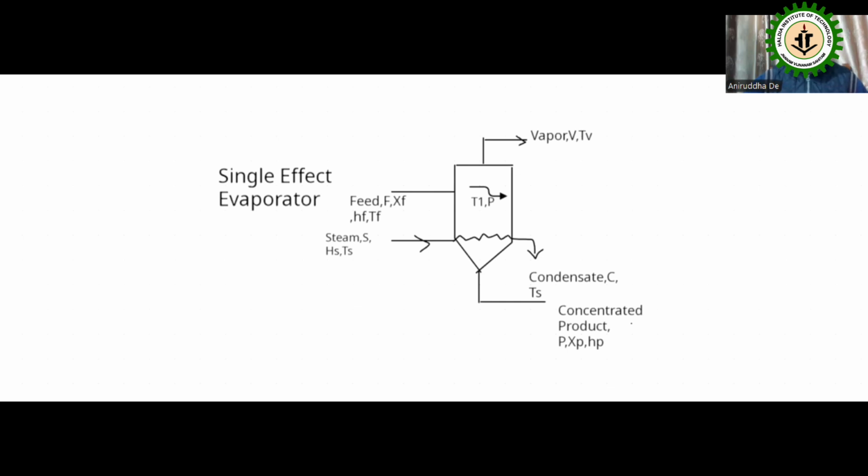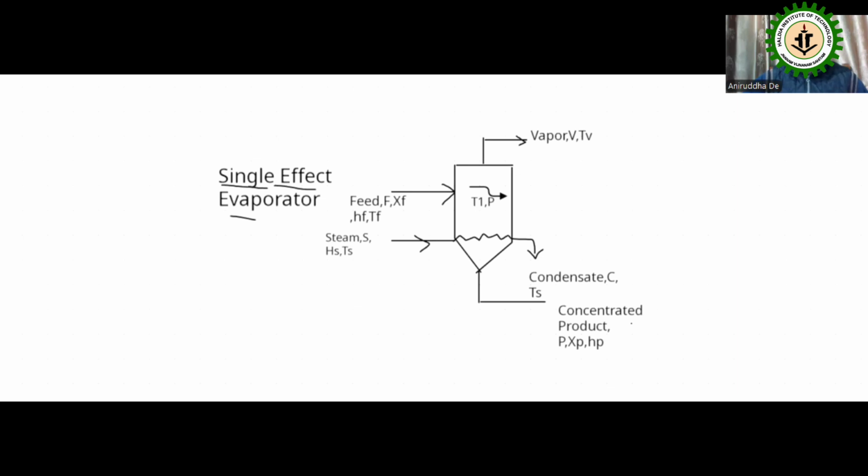Now if we go for the material and energy balance of a single effect evaporator, this is the single effect evaporator. This is the calandria. Here the feed is entering the calandria, and this is the heat exchanger inside which steam is entering.